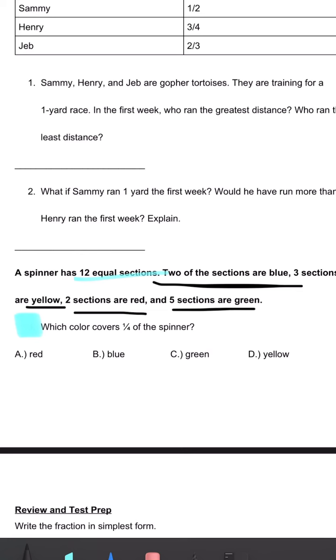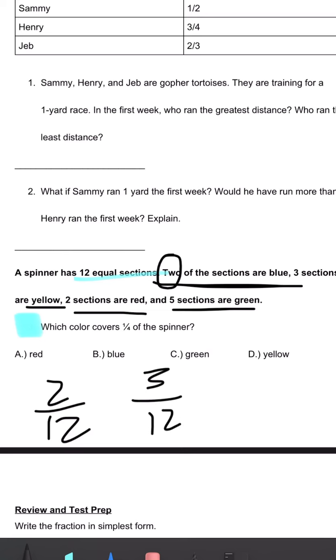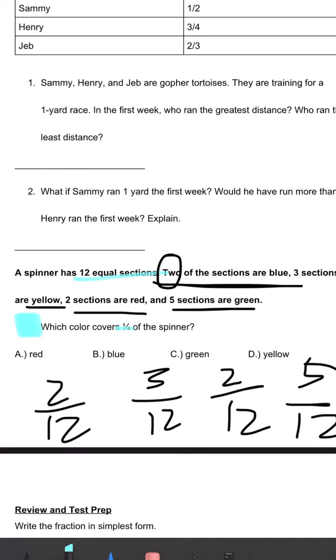So we'll make a fraction for each of these. 2 are blue. Since the whole is 12, we'll do 2 over 12. 3 are yellow, 3 over 12. 2 are red, 2 over 12, and 5 are green, 5 over 12. And it's telling you to look for the color that covers 1/4 of the spinner. So we'll just pick whichever fraction equals 1/4.